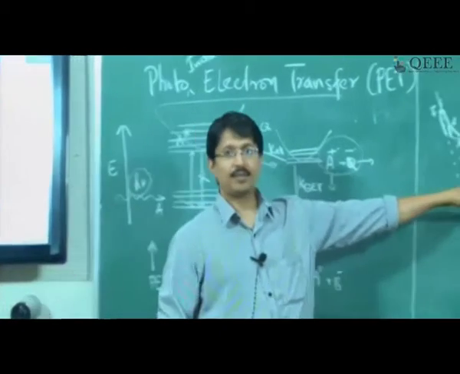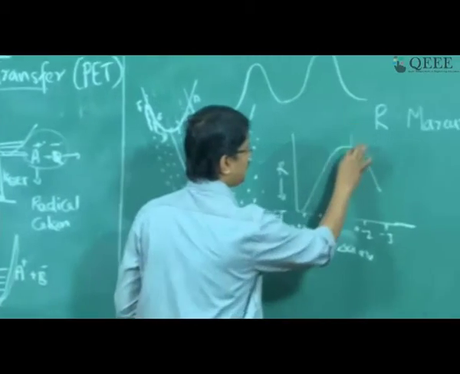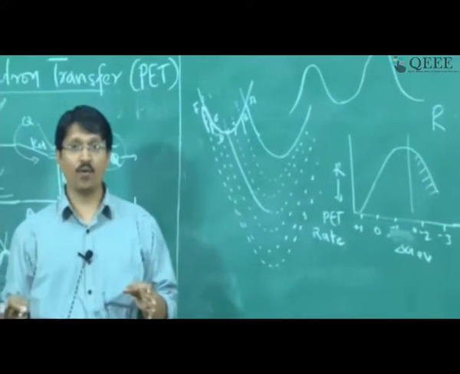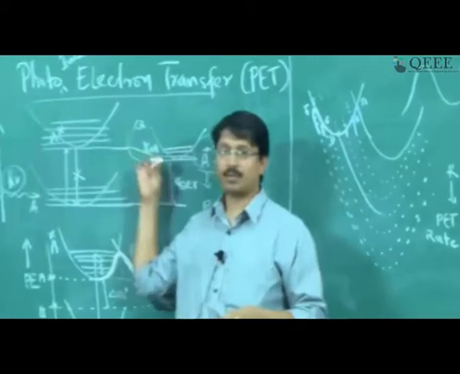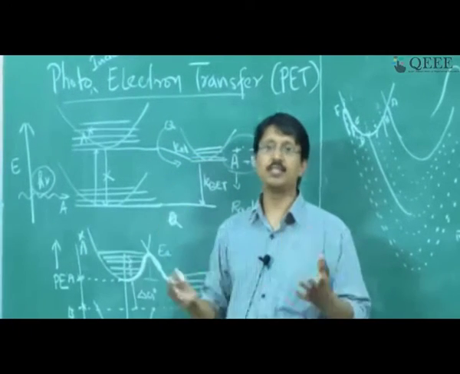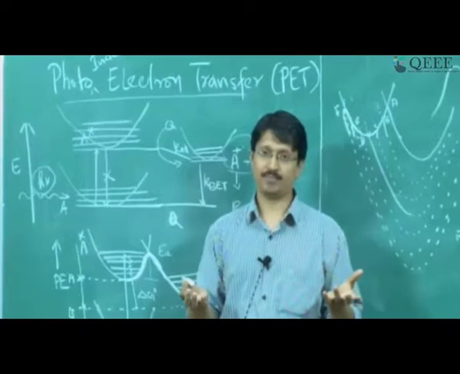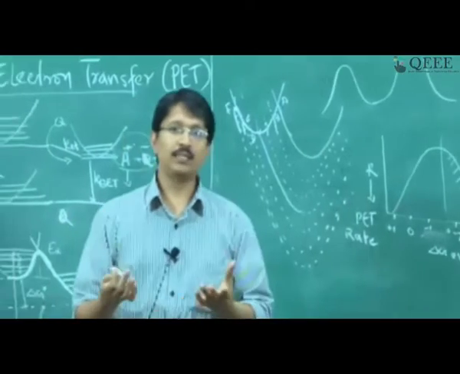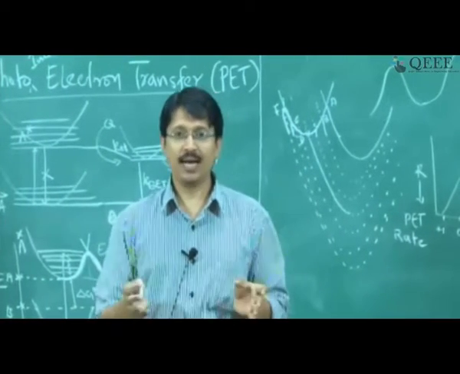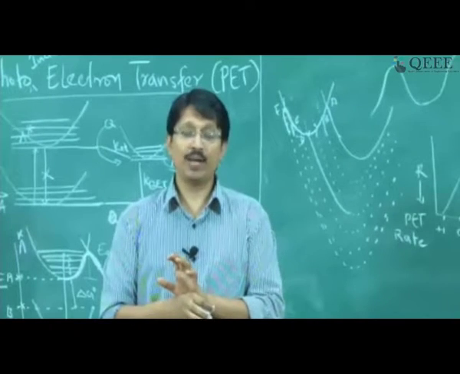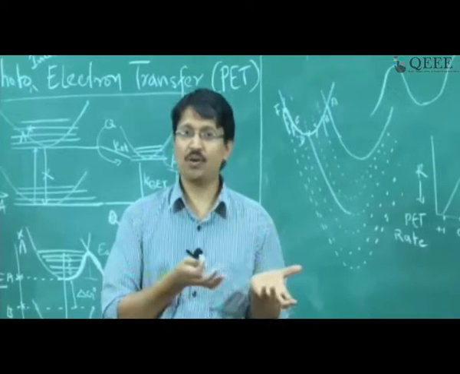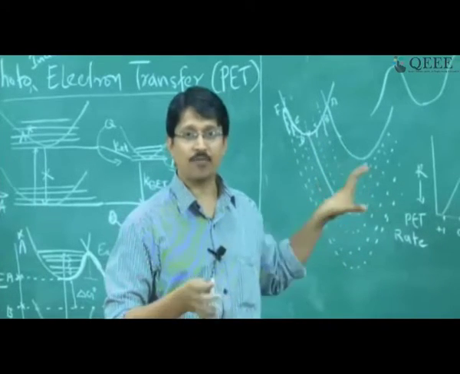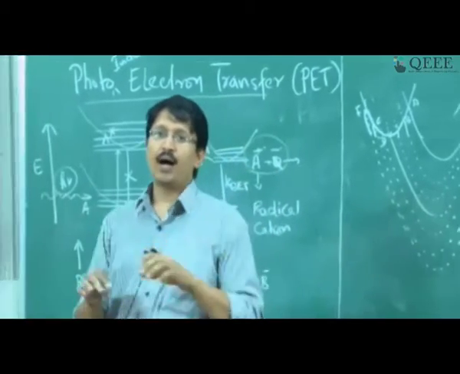But if it is happening in this region, where the electron transfer rate is very low, that means the process will not take place, and as a result there is no quenching. Understanding the fundamental aspects of electron transfer or fluorescence quenching will help you design what kind of molecular systems to pick for developing sensors based on this spectroscopic technique. That's the reason why we went into detail. Without fundamental understanding, all the designs will be very poor.